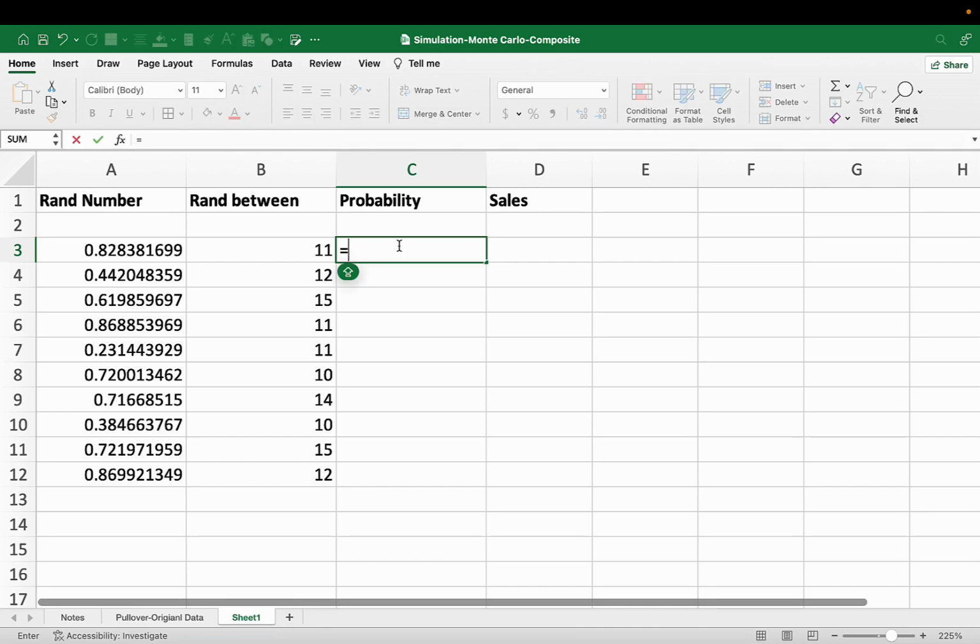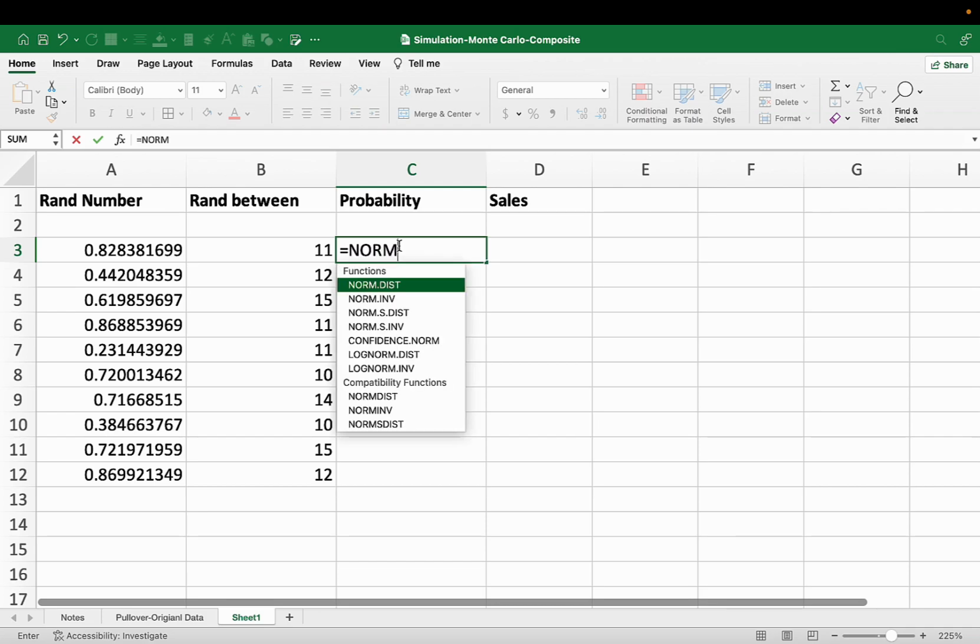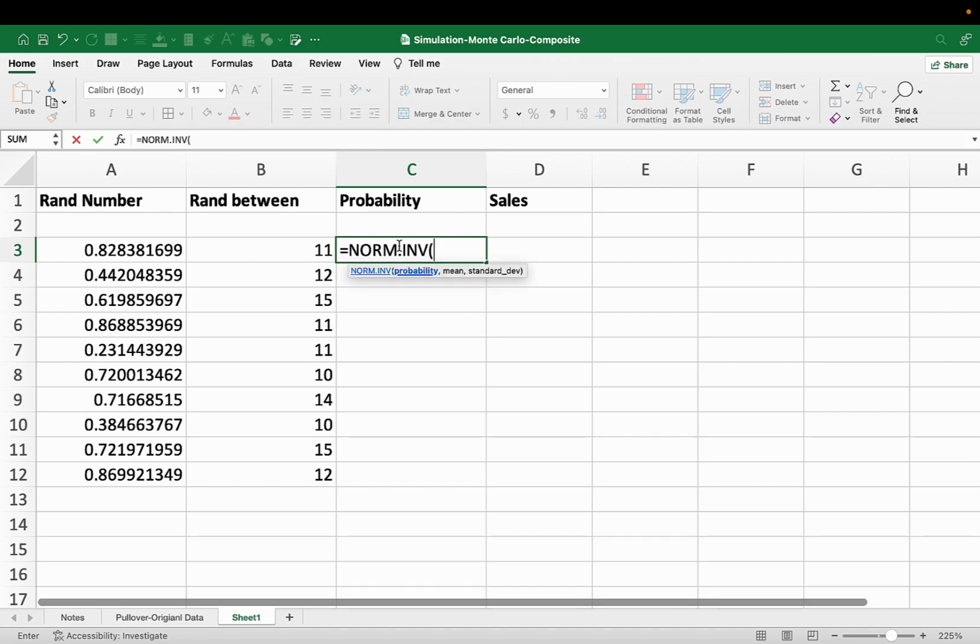Usually mean and standard deviation are given. To calculate the value, we use the formula NORMINV and then the probability. Probability is usually not given, and we need to generate it using the RAND number.